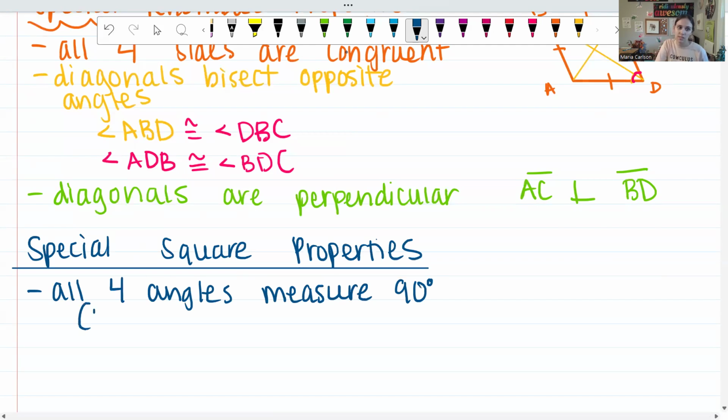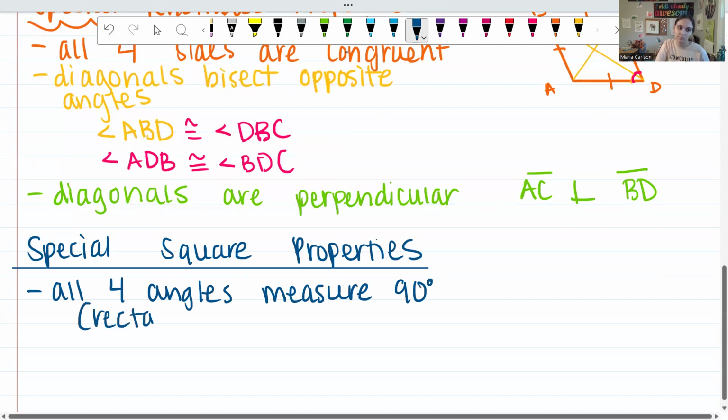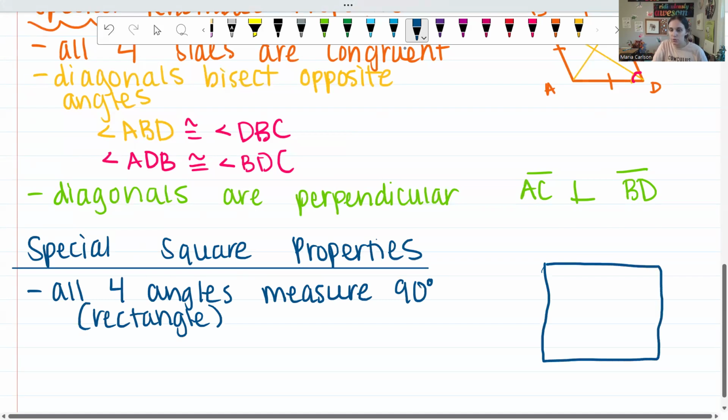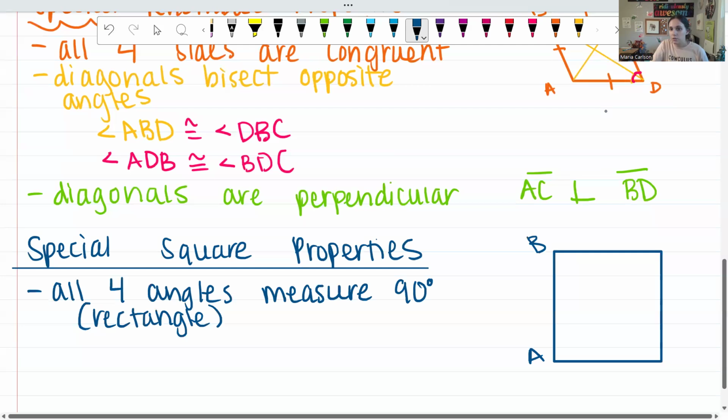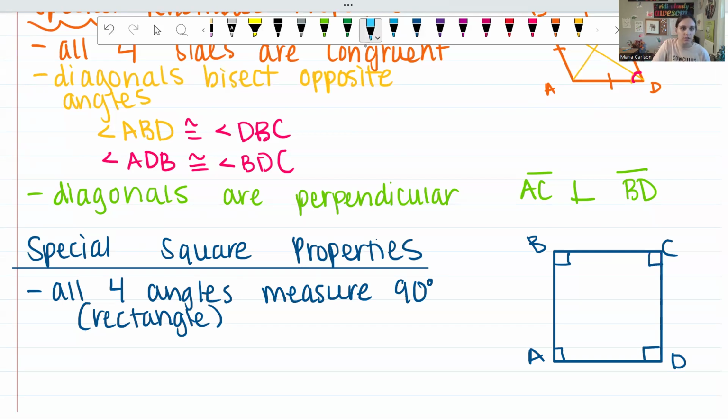So this is because it's a rectangle. Also because it's a rectangle, so let's draw a square here. All of our angles are 90, and also because it's a rectangle, we know that our diagonals are congruent to one another.